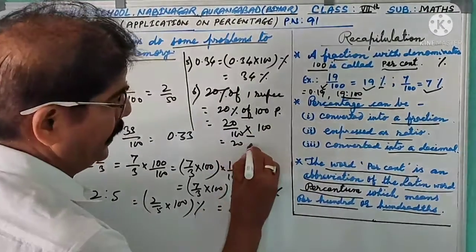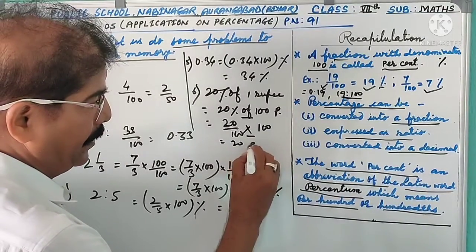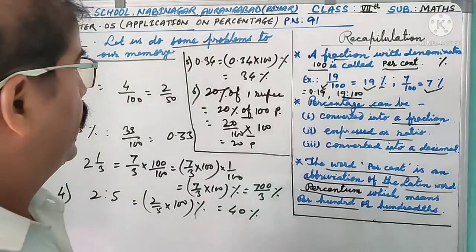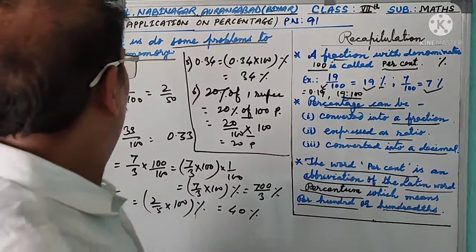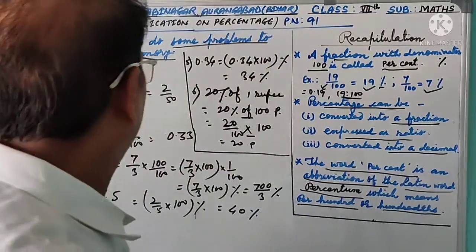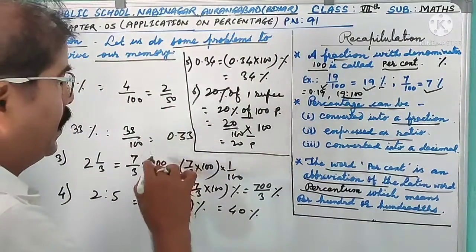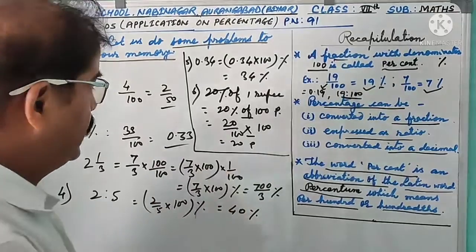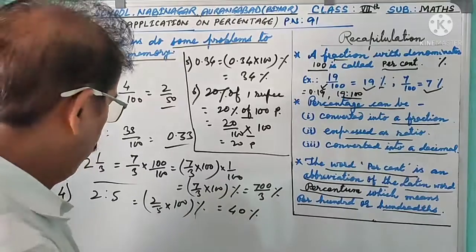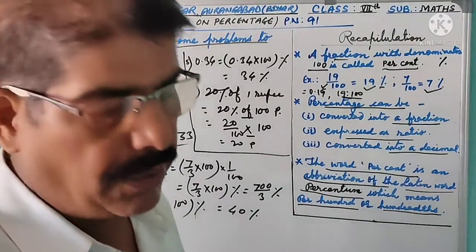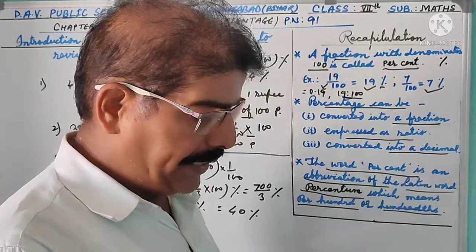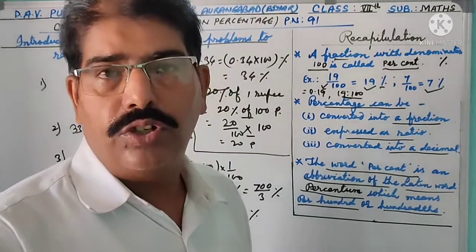So 20 paise. So these are some problems to revive our memory, such as converting percentage into decimal form, fraction into decimal form, ratio into decimal form. And next topic, simple application of percentage. So let us move.